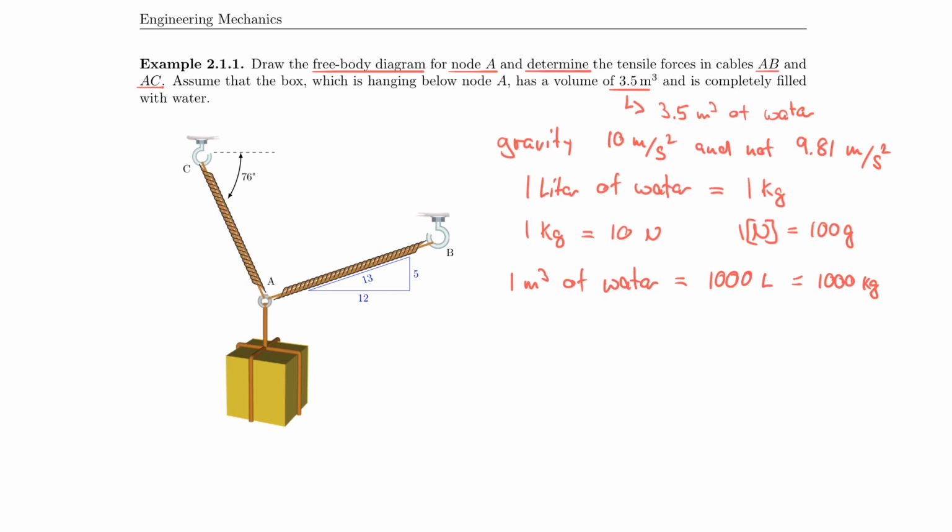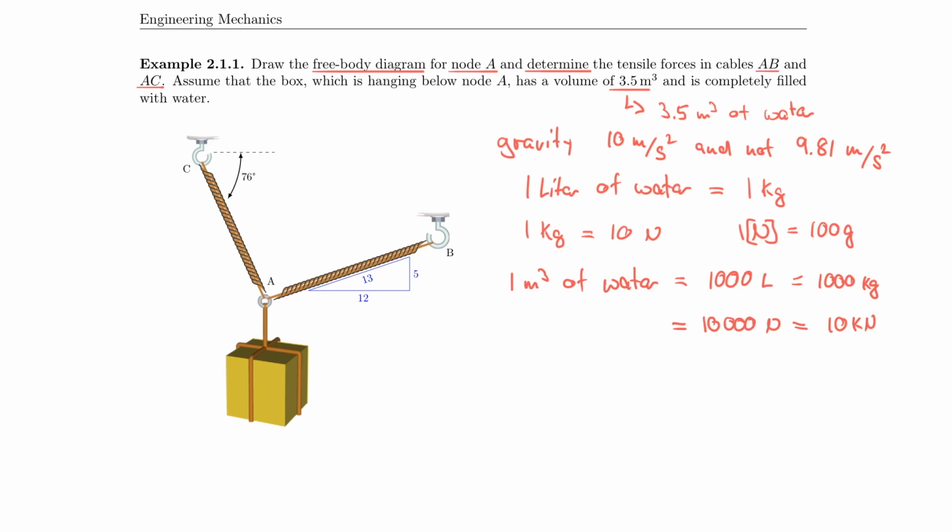So that means that we now have to multiply this by 10 to get to Newton, right? 1 kilogram is 10 newtons, so we're now going to multiply that. So therefore, that is equal to 10,000 Newton, which is really equal to 10 kilonewton.